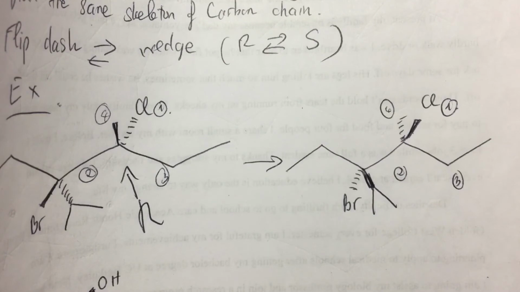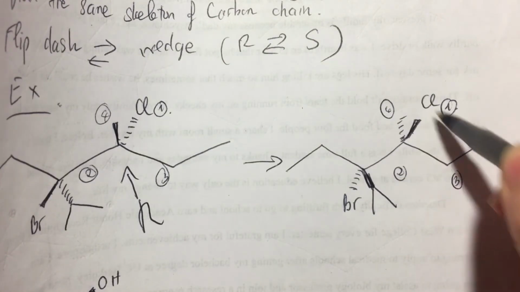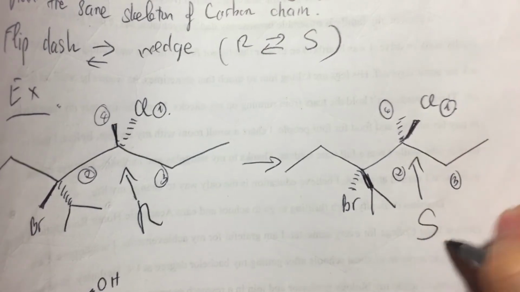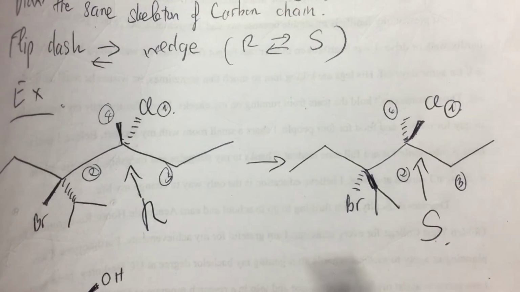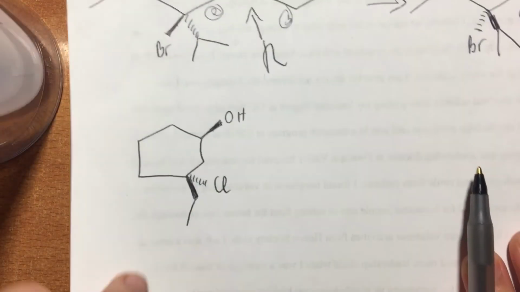If I imagine myself in space, I have 1, 2, 3, clockwise. This is an R configuration. Now in the other one, this is 1, this is 2, this is 3, and this is 4. If I imagine myself here, I have 1, 2, 3 going counterclockwise. So this is an S configuration. So R flipped to S and S flipped to R. So these are our enantiomers.